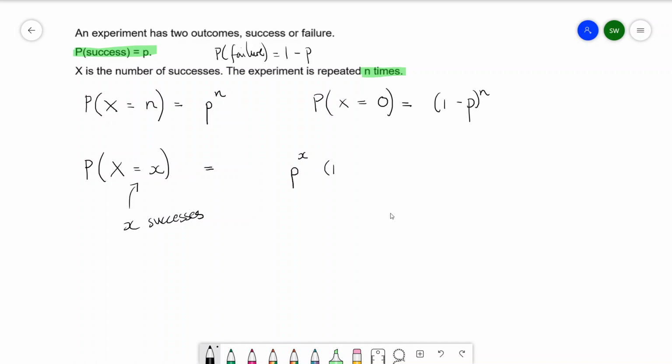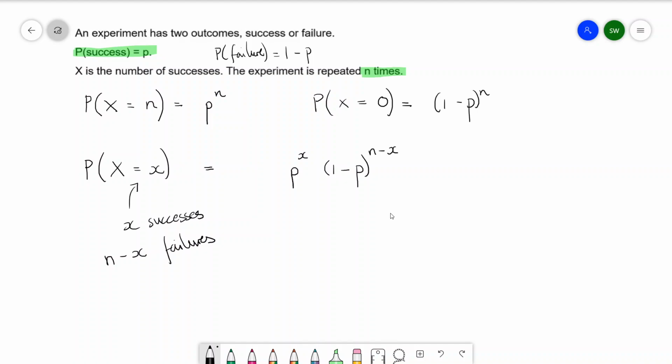We're going to go down a certain number of failure branches, and if we're doing n trials and we've got x successes, that must mean we have n minus x failures. So we need to do this to the power of n minus x because we're going to go down that many branches, which are failure branches.